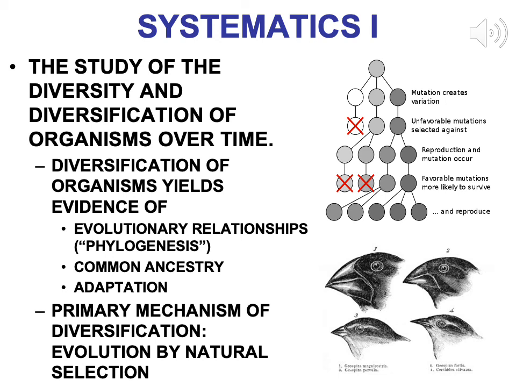Taking a look at the Galapagos finch diversity, you see that the Galapagos finches are probably all derived from some common ancestor. Darwin realized this, and he reasoned this, and DNA work on the finches actually supports this notion.